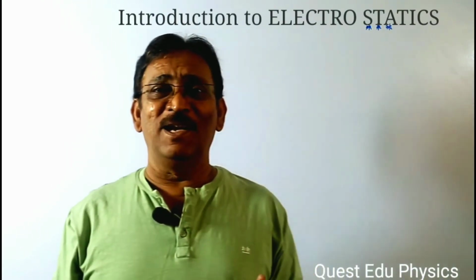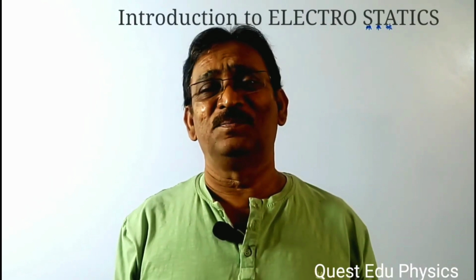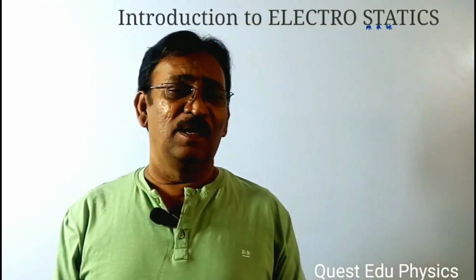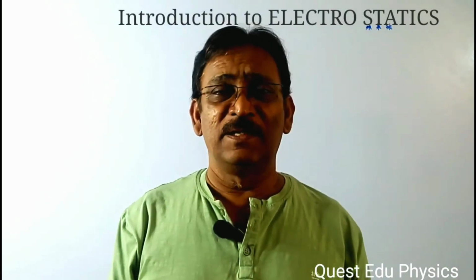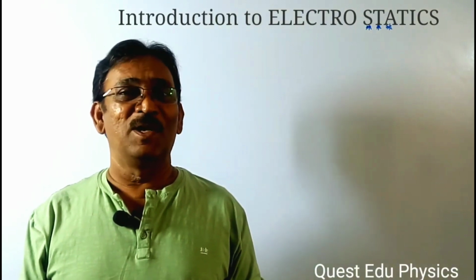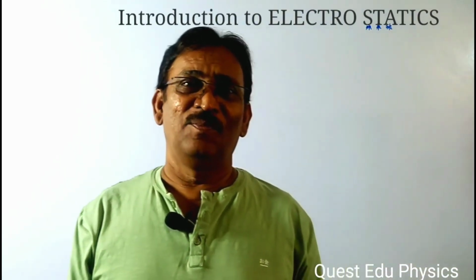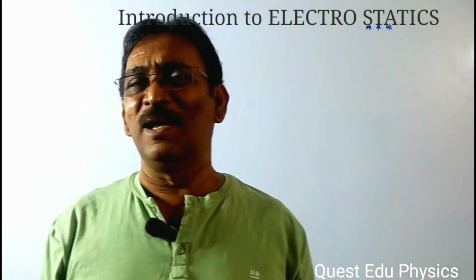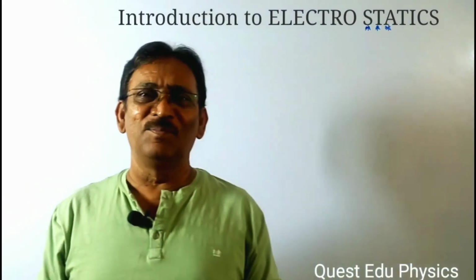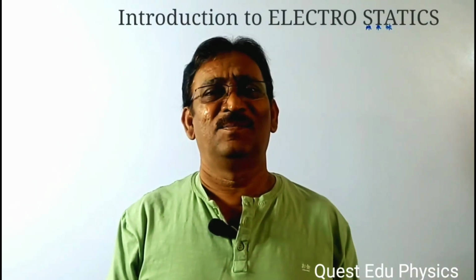Generally we come across two types of charges, students. As you know, one is the positive charge and the second is the negative charge. We have a misconception about zero charge, but actually such kind of charge doesn't arise.